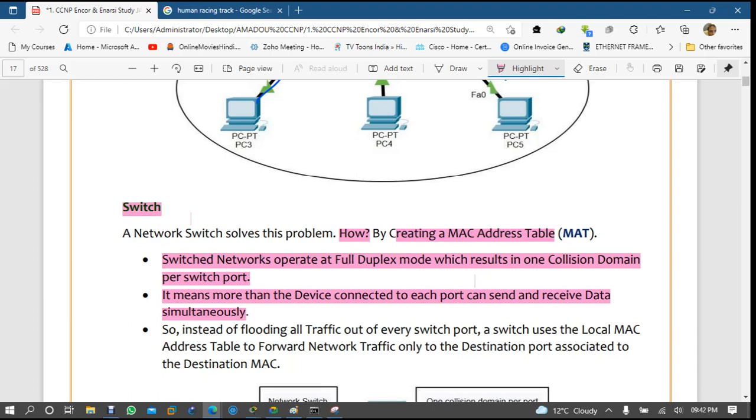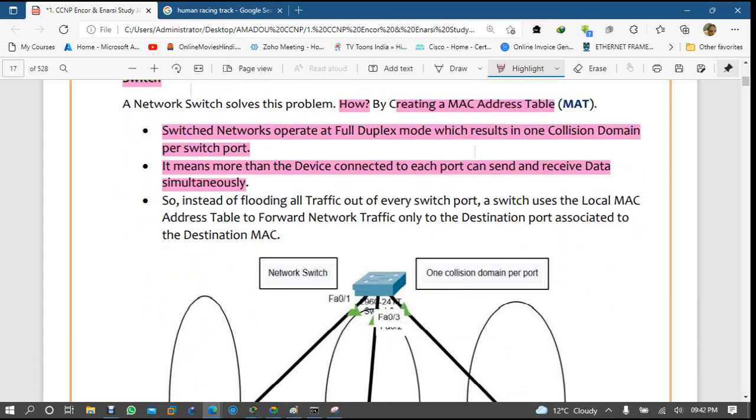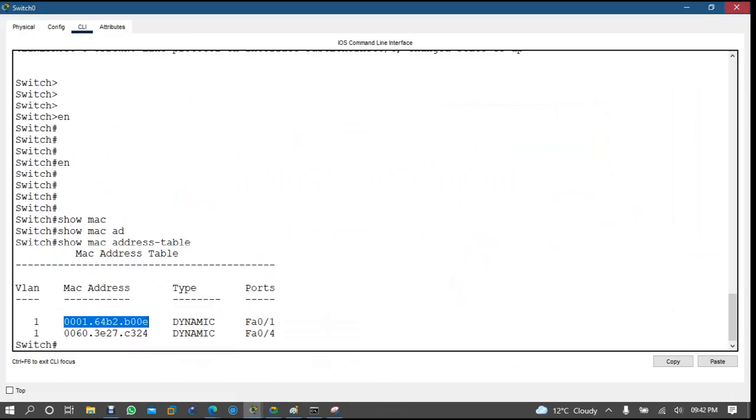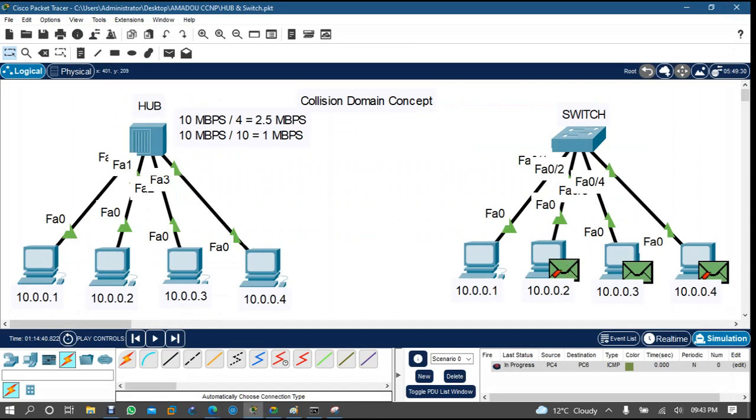Now, as I told you, it has multiple collision domains. So here it means that more than one device connects to each port and sends data, and sending and receiving of data will be simultaneous. Now let's see, coming to the switch, whether the communication is simultaneous or the data is crashing.